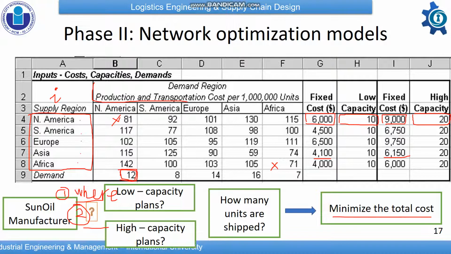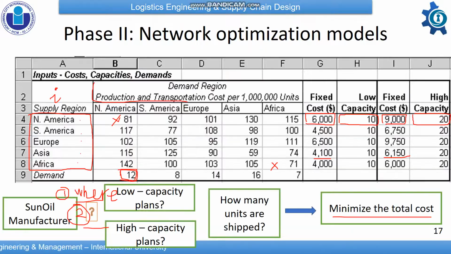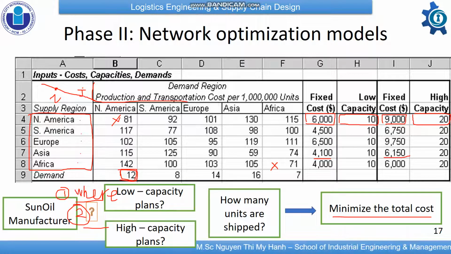So we have 5 markets, right? 5. And I will put the index j, index j for the market. So market j and plant i.